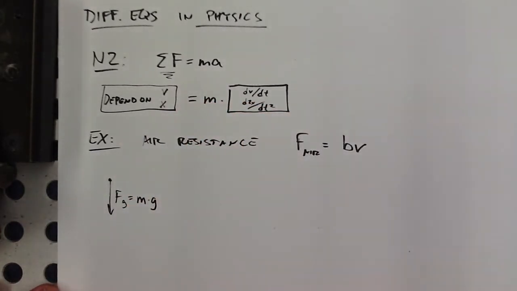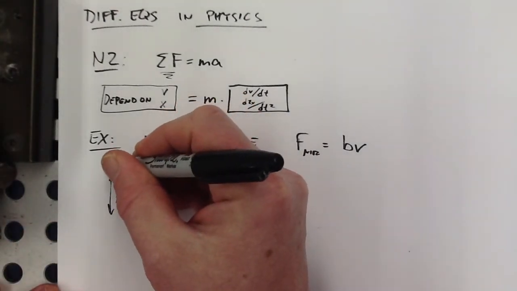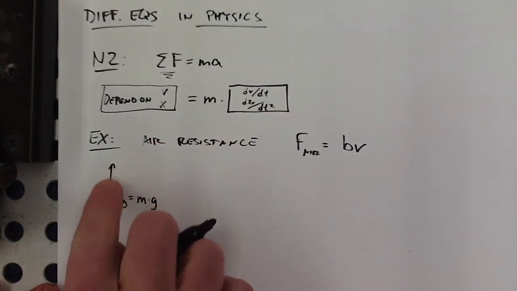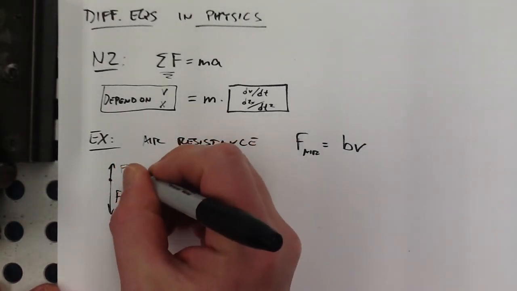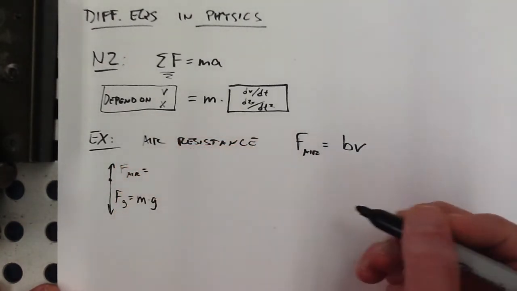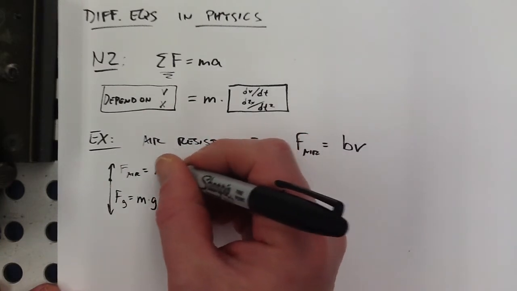And then if there's some air resistance, the faster this thing goes, the bigger that's going to get. And that's equal to bv.